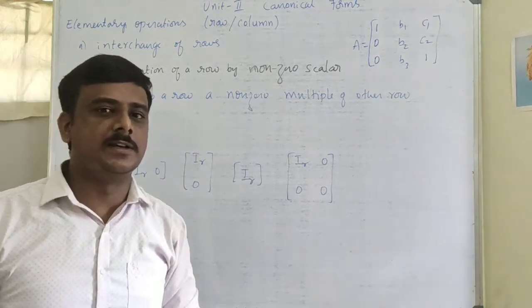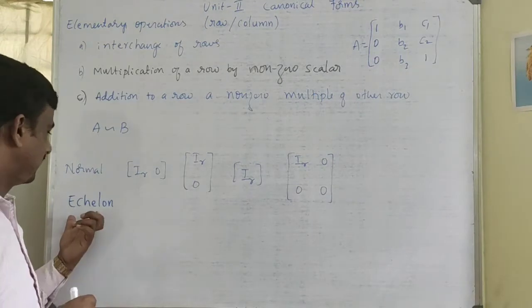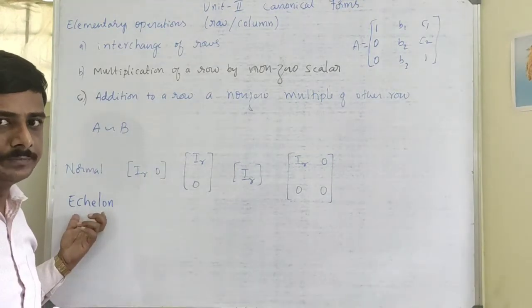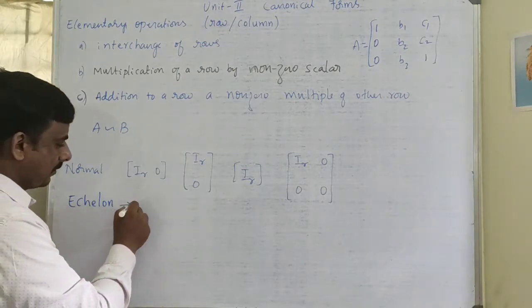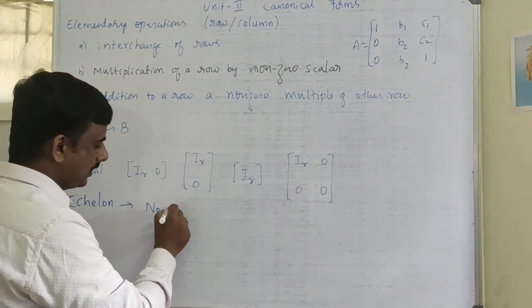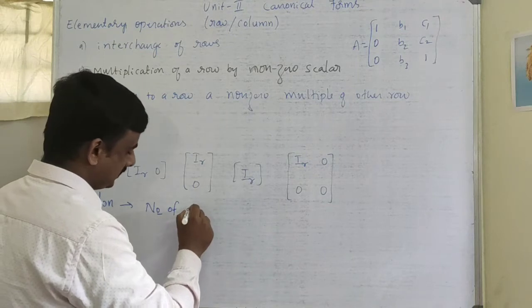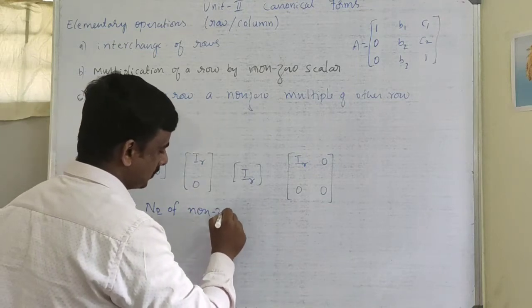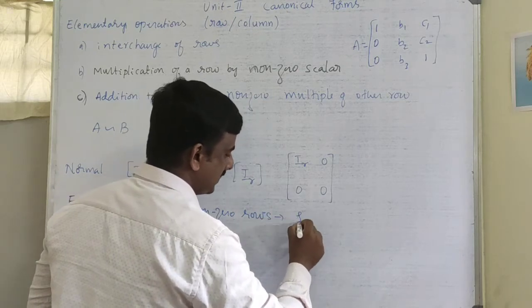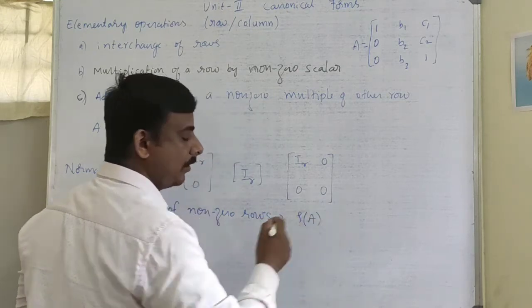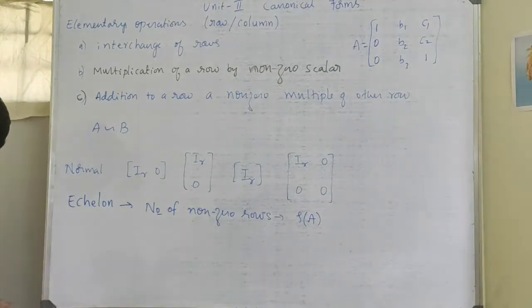If all three conditions hold, then we say that the given matrix is in echelon form. The number of non-zero rows in the echelon form of a matrix is called the rank of a matrix. It is denoted by rho of A, rank of A.